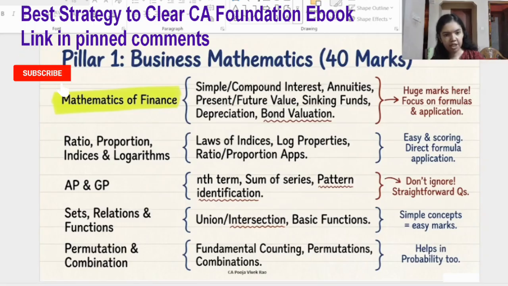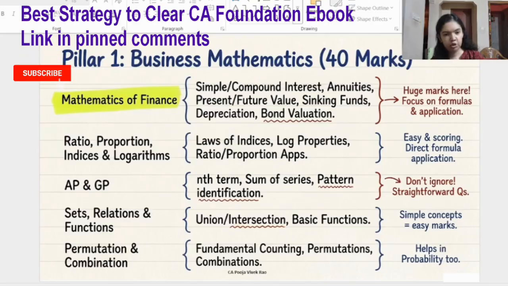The next important chapter is sets, relations and functions. This is a conceptually simple chapter. Questions generally revolve around union and intersection, relations, and basic functions. This is a great area to score easy marks, so don't skip this chapter. The next chapter to concentrate on in the mathematics part is permutations and combinations.